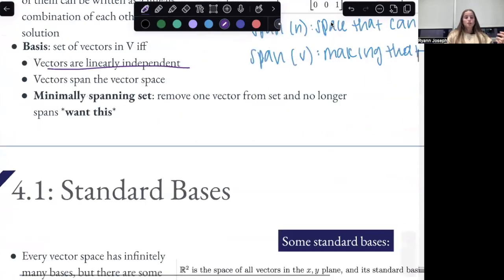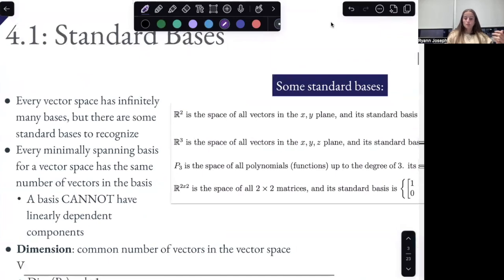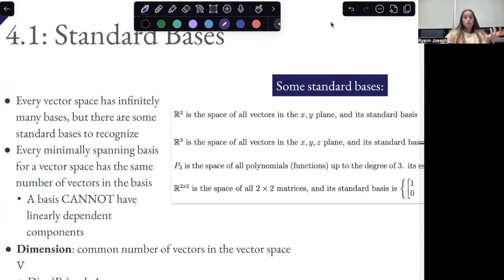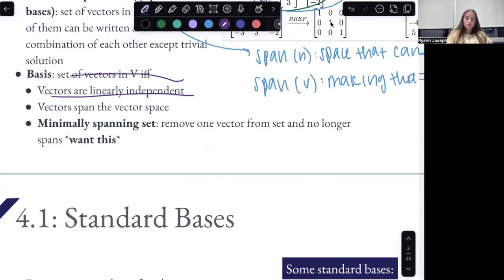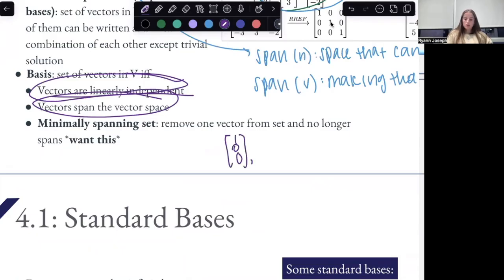This brings us to the idea of standard bases. Every vector space, R3, R2, P3, R2 by 2, so many things, has infinitely many bases, because as you can imagine, there are infinitely many sets of linearly independent vectors that span the space. I've got my standard basis, which makes sense: 1, 0, 0, 0, 1, 0, 0, 0, 1. Cool.